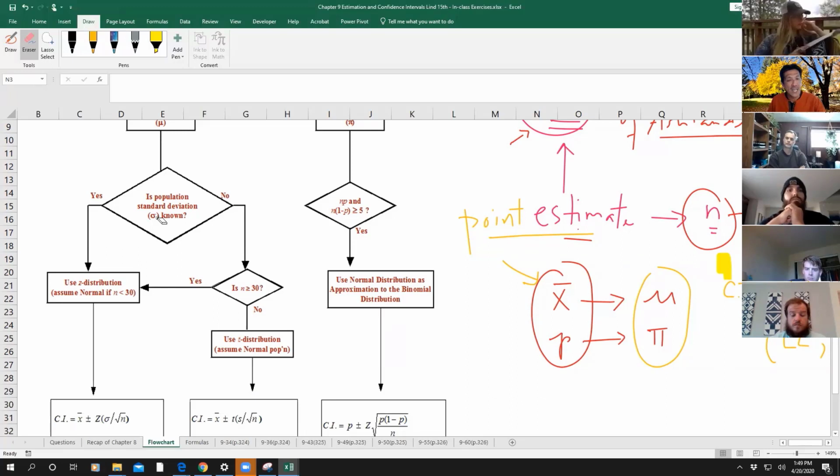If the answer is yes, you follow this path here. If the answer is yes, you go down, it says you will be using the Z distribution. All right. Now, using the Z distribution, you will have to assume that the sample is coming from a normal distribution if n is less than 30.